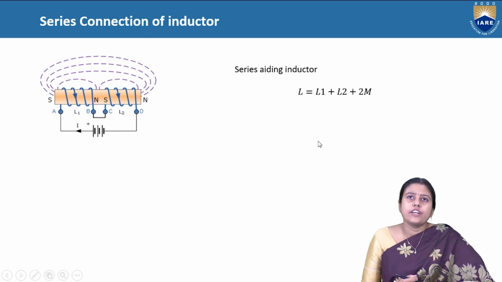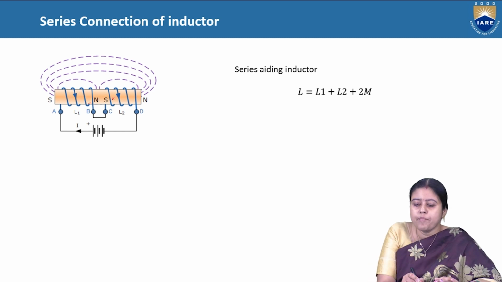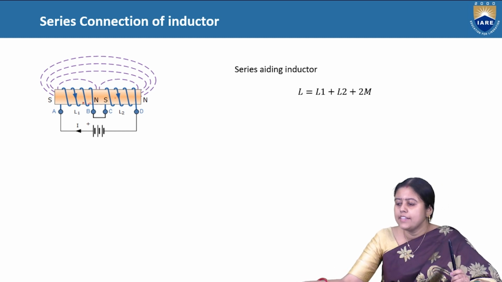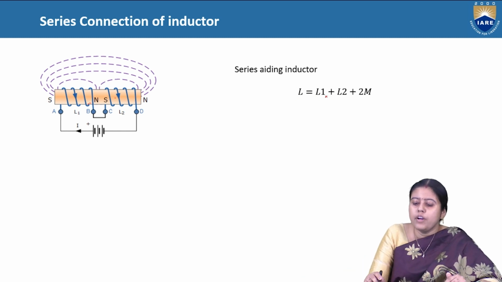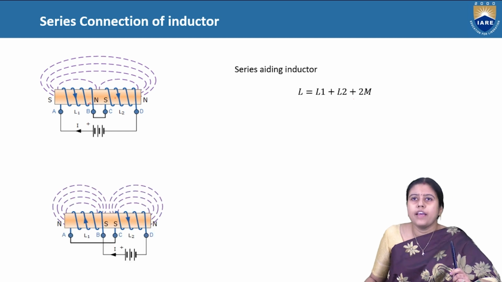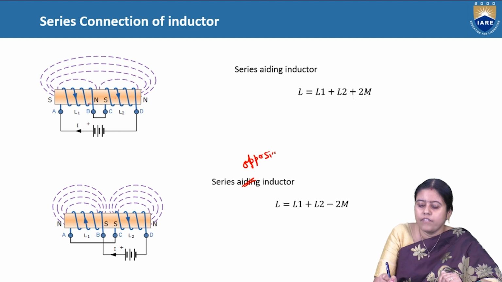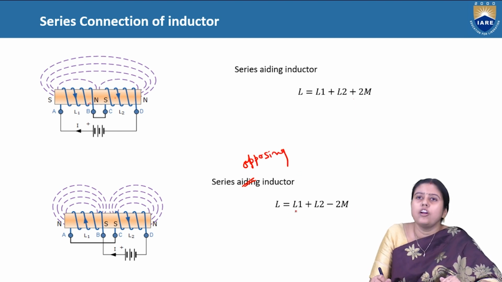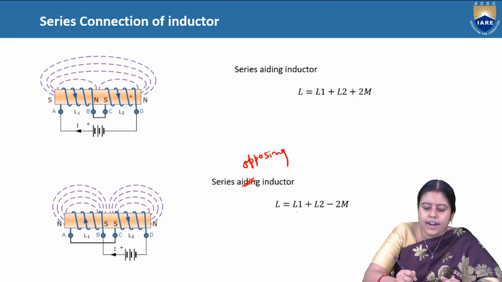What are the series connections of the inductor? If two inductors are connected in series and they are series aiding in nature, we can write L equals L1 plus L2 plus 2M. If they are in series opposing nature, we can write L is equal to L1 plus L2 minus 2M. You can think here current and current both are in the same direction.